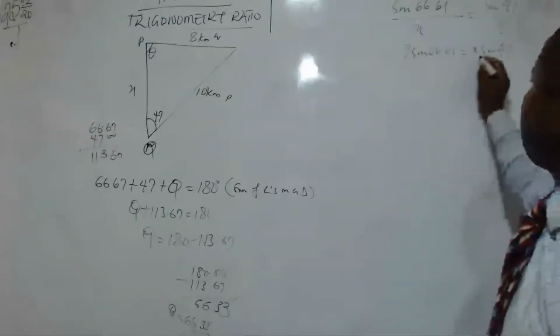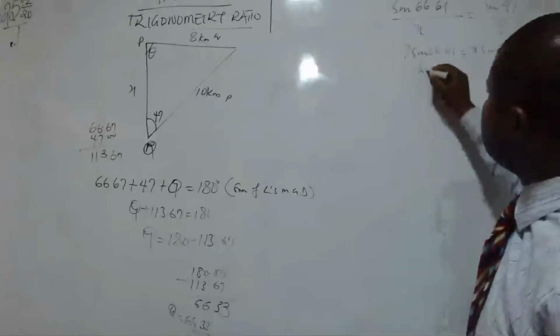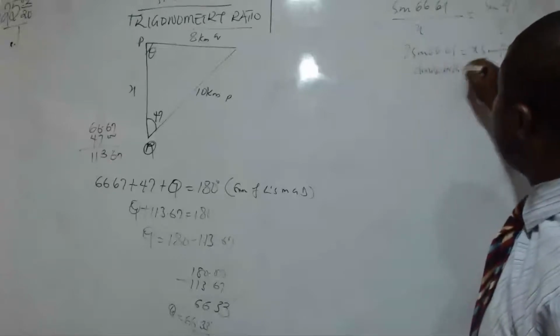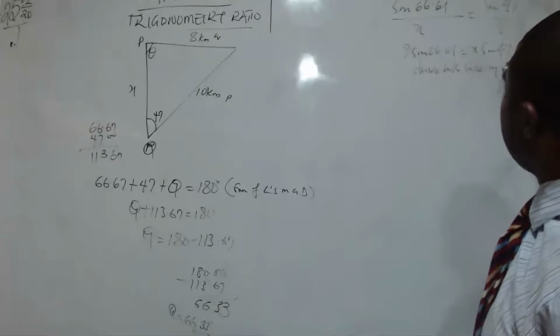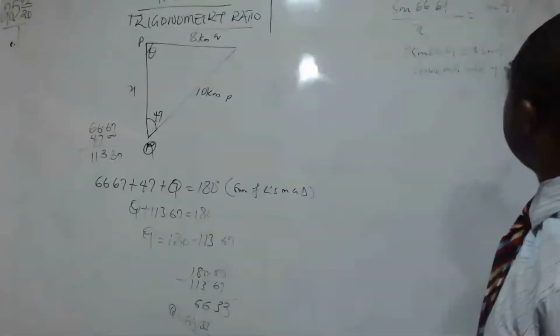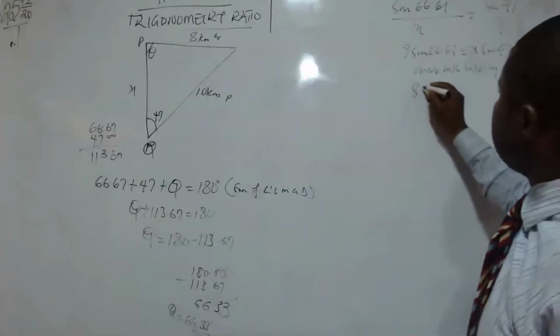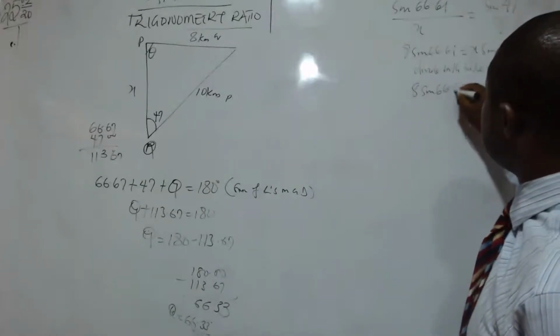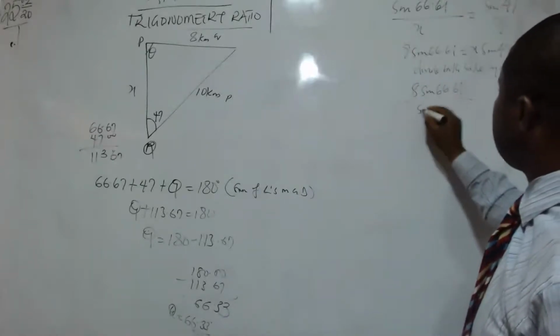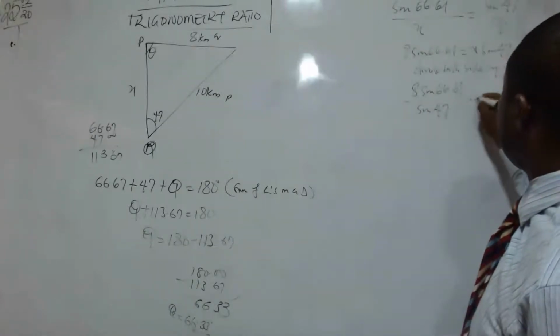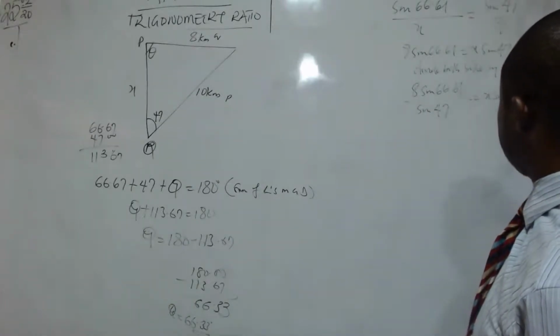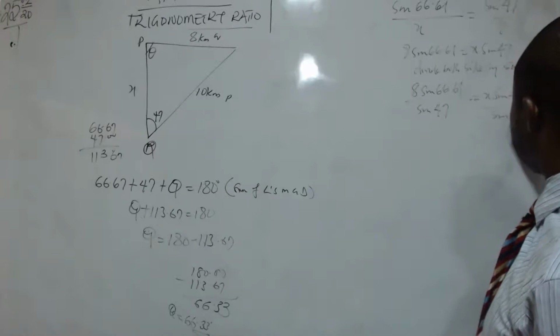So here, you are looking for X. We just divide both sides by sine 47 degrees. So I have 8 sine 66.61 divided by sine 47 equals X sine 47 over sine 47.